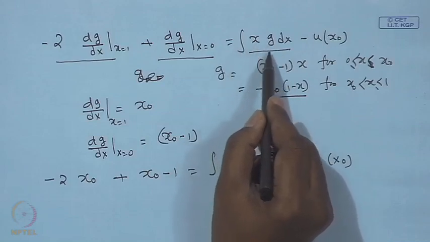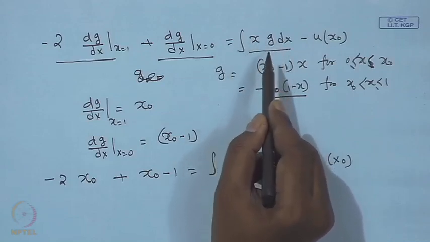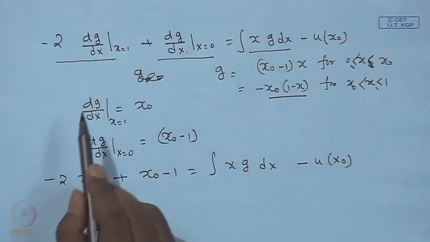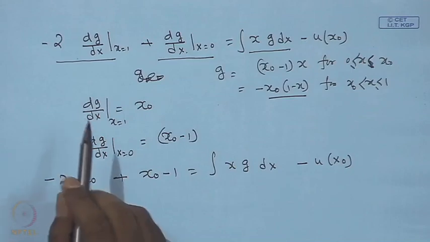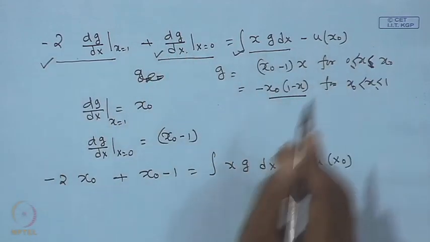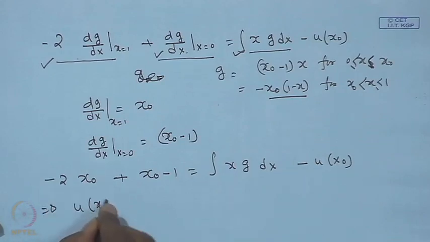Integral means it is not on the surface, it is occurring throughout the whole bulk of the control volume, and there will be 2 non-zero terms appearing on the surface. So, 3 sources of non-homogeneity. So, there will be 3 terms one can get as a solution of u of x naught. So, you will be getting u of x naught on the other side. So, you will be getting minus 2 x naught.